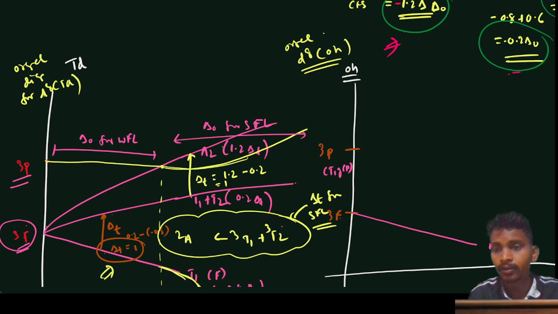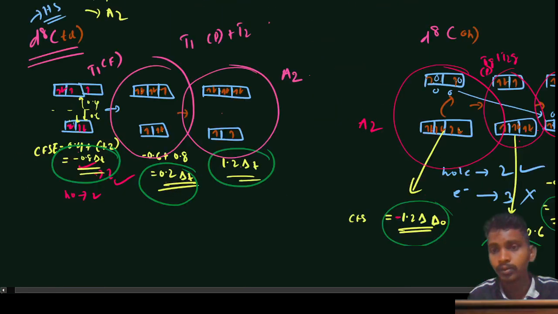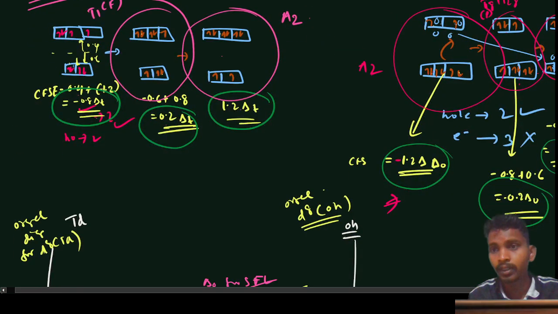Okay, so I will do that for A2. That value is minus 1.2 delta knots, and this is also negative. Negative means whenever negative, always down here. Positive then go above. So this is down, so I will do it like this. And this value is T1G and T2G.